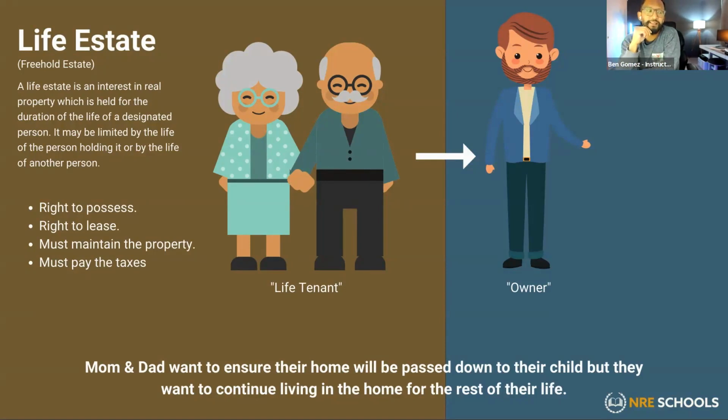This is just a quick example on my screen here of a life estate. It's giving the right to somebody to possess that property until they pass. That person must pay the taxes. They must maintain the property. They would be known as the life tenant. And then we got the owner.